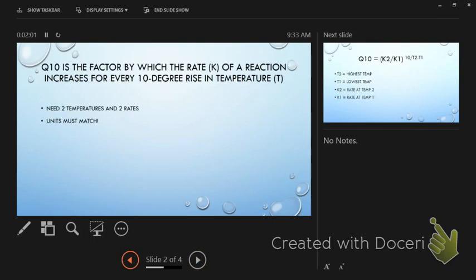So if you'll write down that Q10 is the factor by which the rate, which is K, of a reaction, increases for every 10-degree rise in temp, which is T.